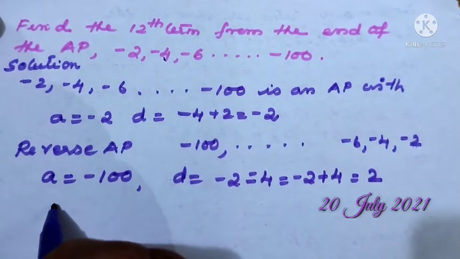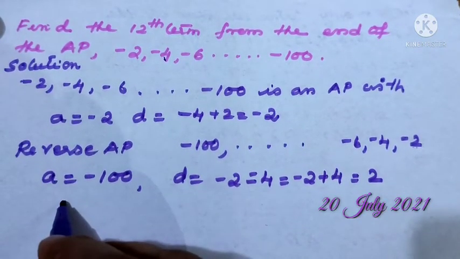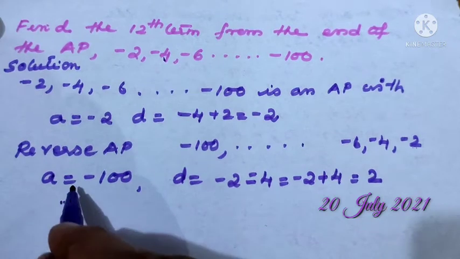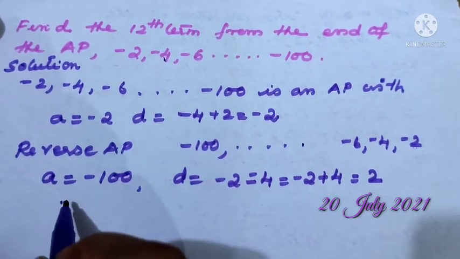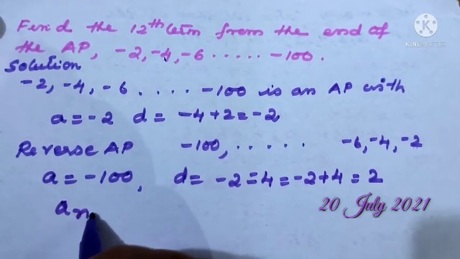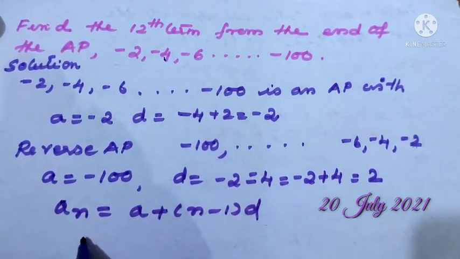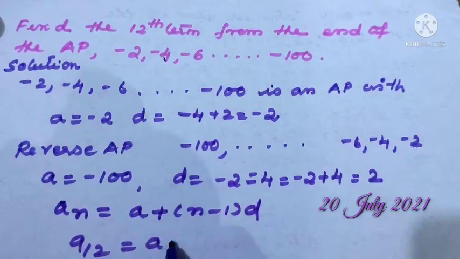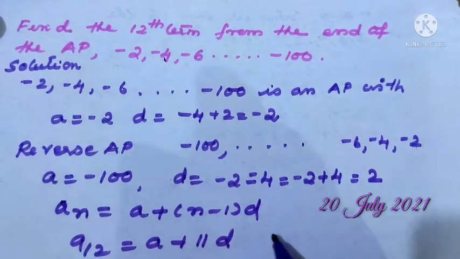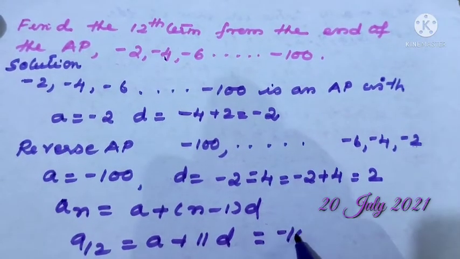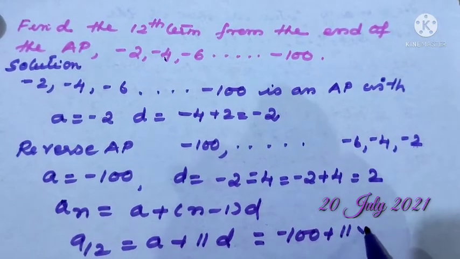Now what is AN for this one? We have to calculate A12 only. AN formula I will write first: A plus n minus 1 into D. A12 means A plus 11D. What is A? Minus 100 plus 11 into 2.